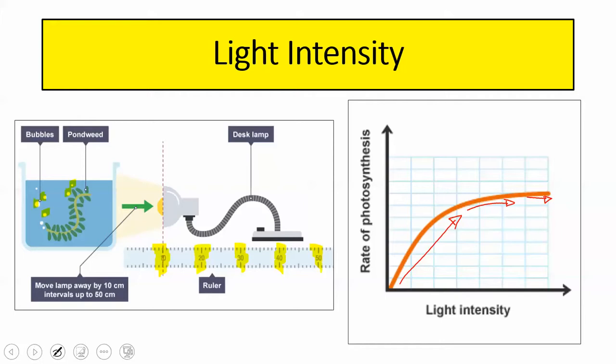We do eventually get to a point where no matter how bright the light, no matter how sunny the day is, the rate of photosynthesis is going to stay the same. Because at this point light is no longer the limiting factor. It's not light that's slowing it down, there's something else. So the other things that could be slowing it down are the temperature and the amount of carbon dioxide.